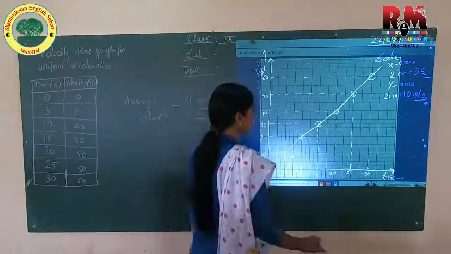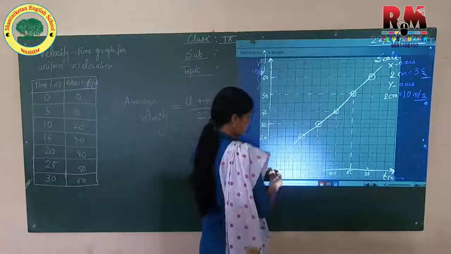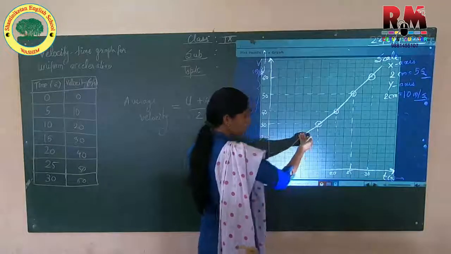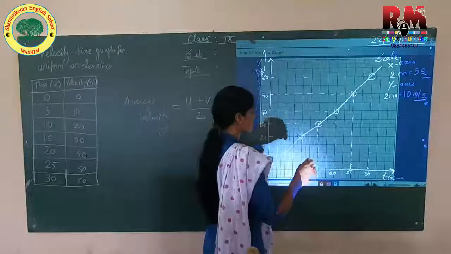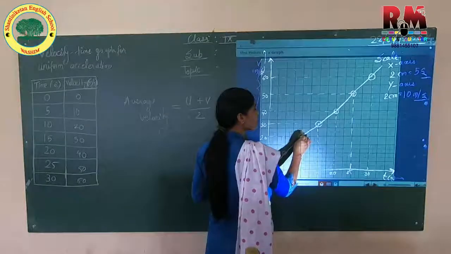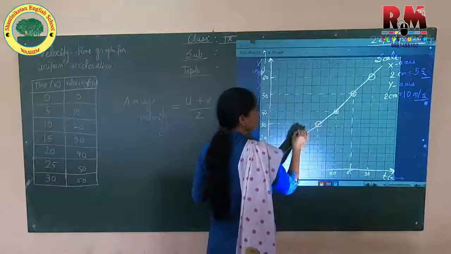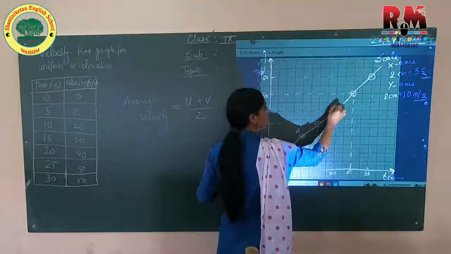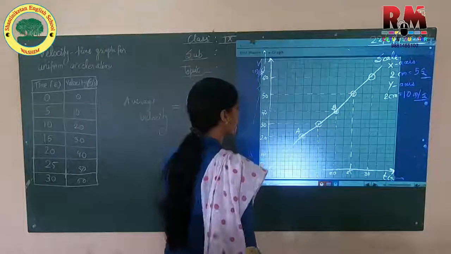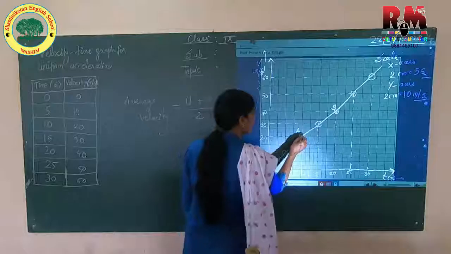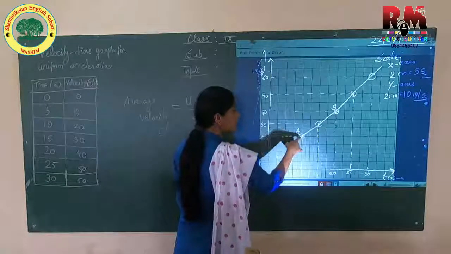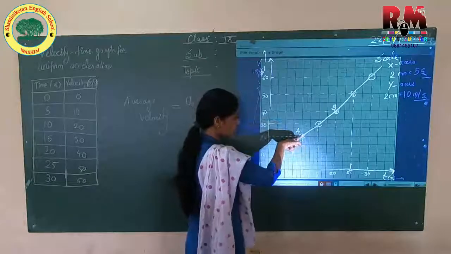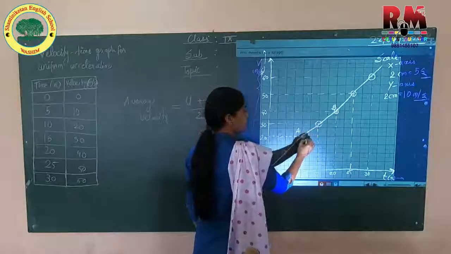Now I will take any 2 points. You can take any; from here to here, it will be same only, no changes. Suppose I am considering between these 2 points. Suppose this is A, this is B. So what is average? What is A? Is it initial velocity? Yes, this is initial velocity, and this will be final velocity.